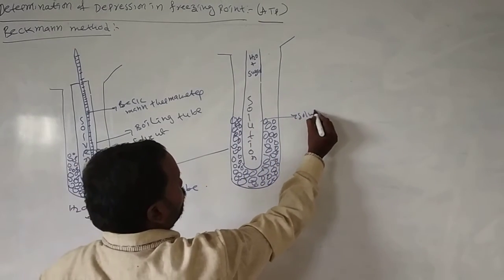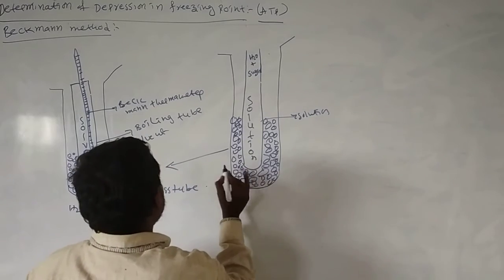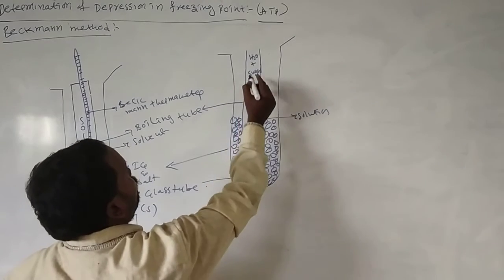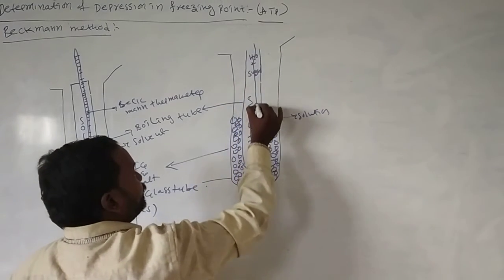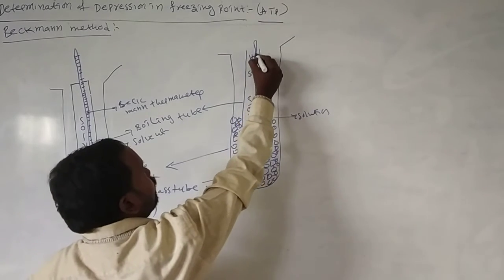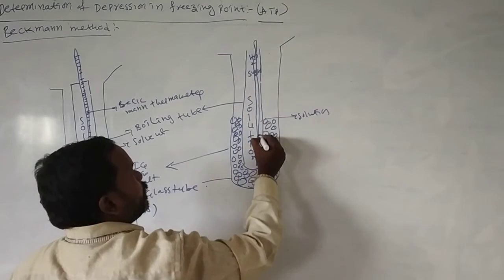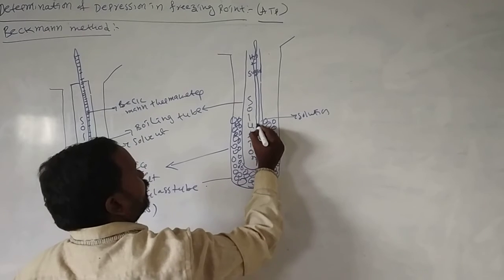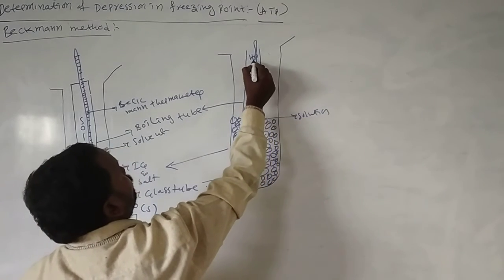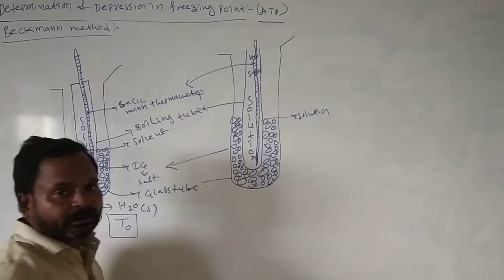Ice, glass tube, boiling tube, and here again the thermometer. This one is the Beckman thermometer.